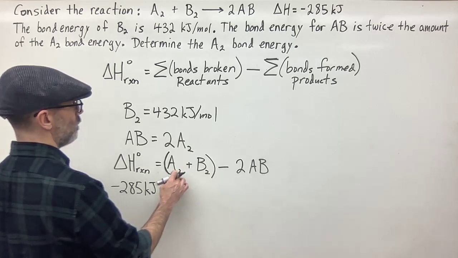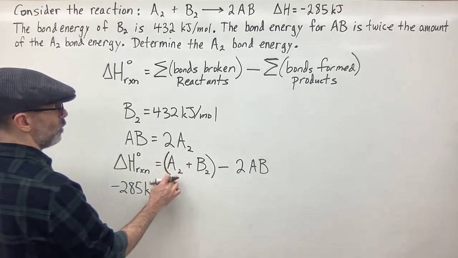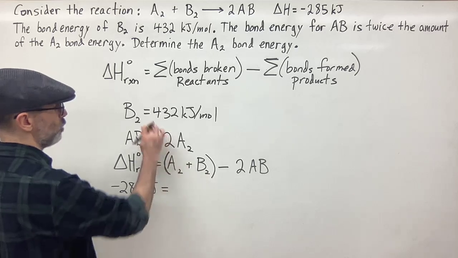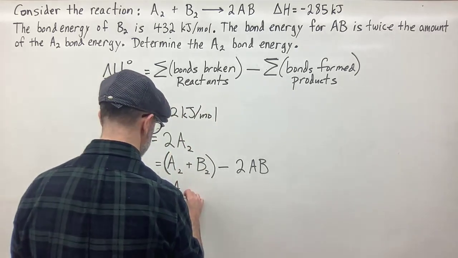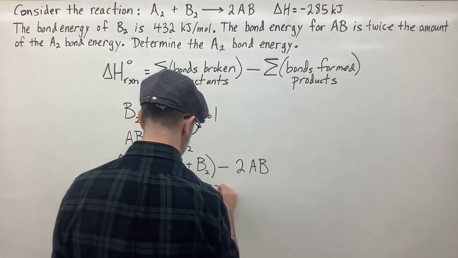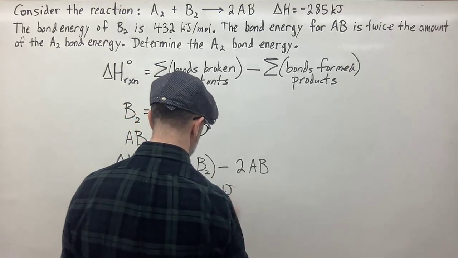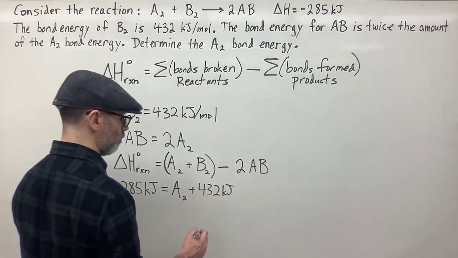So A2 plus B2. A2, we're going to have to find. B2 we're given is 432. So that's going to be A2 plus 432 kilojoules per mole. All of this is kilojoules per mole.